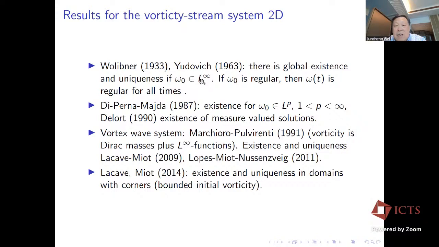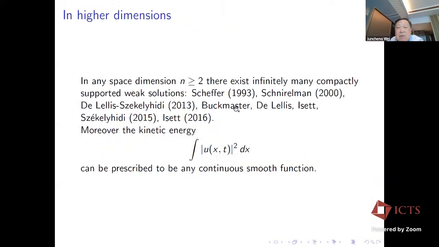If you relax L infinity to L^p, you can also get existence of some measure valued solutions, and there are many results on the vortex wave system and so on. And in the last 10 years, there are many constructions of compactly supported weak solutions to the Euler equation using convex integration techniques.